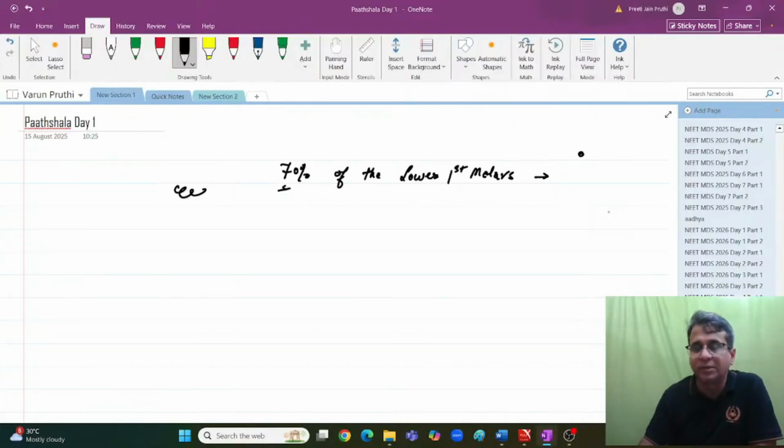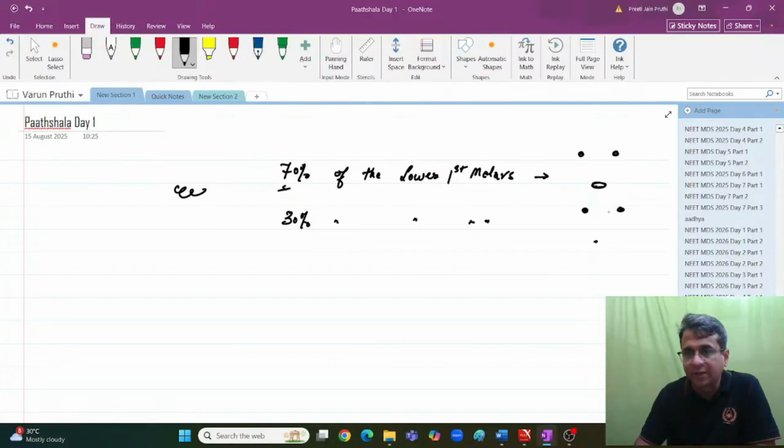Means there will be a mesiolingual, a mesiobuccal, and a big distal canal. But 30% of the lower first molars will show 2 canal patterns in the distal root. Means there will be a mesiolingual canal, a mesiobuccal canal, as well as a distolingual and a distobuccal.